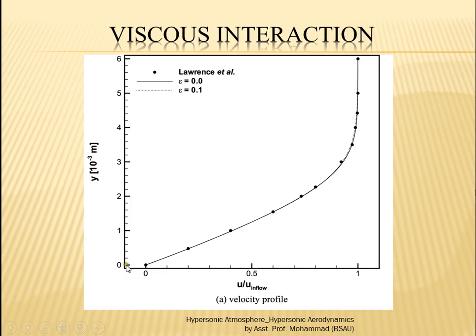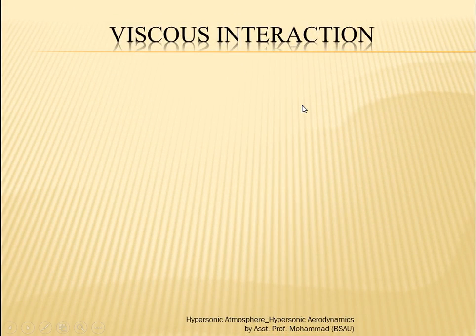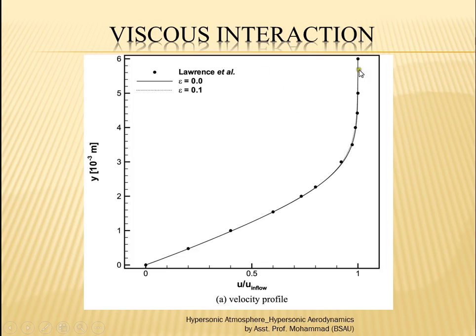So this is the 0 level, at 0 distance from the surface and 0 velocity. It will start varying. This is the velocity ratio, and it goes to a maximum equal to 1, where at the outer edge the velocity becomes equal to the free stream velocity or inflow velocity. In this region you can see that there is a huge dissipation.